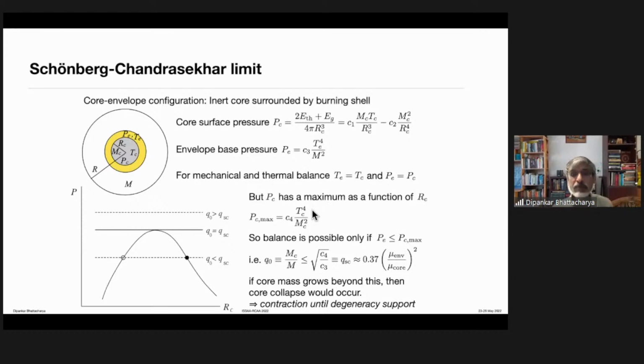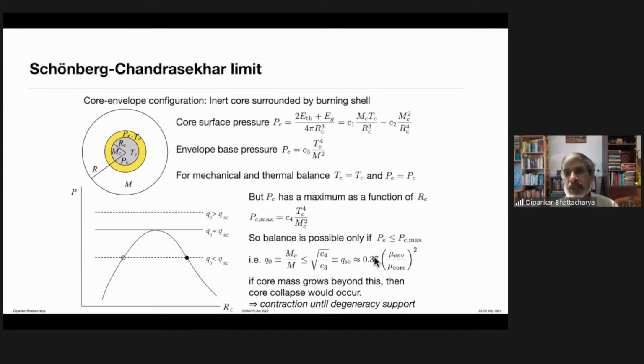Since the maximum value of Pc is given by this and Pe is given by that, this condition can be rewritten as the ratio of the core mass to the total mass of the star to be less than some numerical constant which we have derived from here, which works out to be 0.37 times the square of the ratio of the mean molecular weight of the envelope and the core.